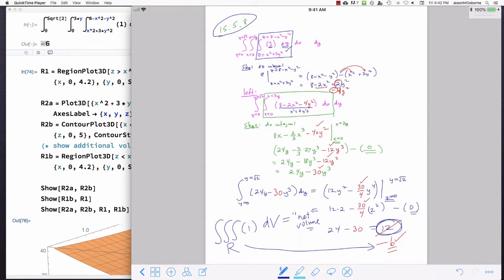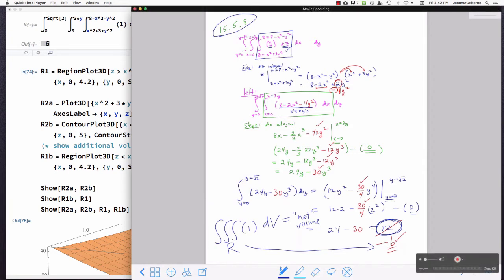That word net is very important here because sometimes the function that you're integrating can be above or below the z-axis.